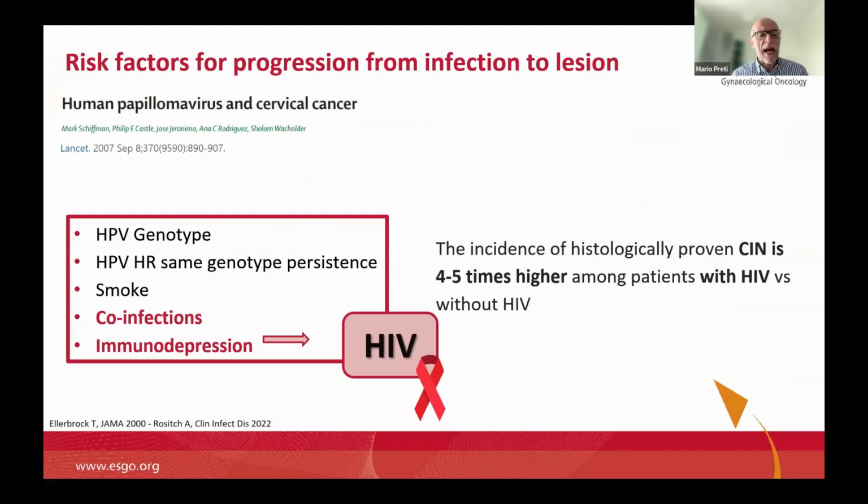In sub-Saharan Africa, HIV infection increases the progression from infection to cancer. So we have to take into consideration, besides the HPV genotype, the persistence of the same genotype, co-infection, and this type of immunodepression.